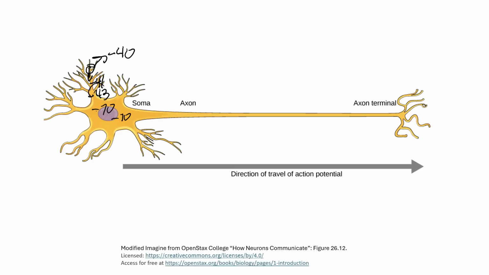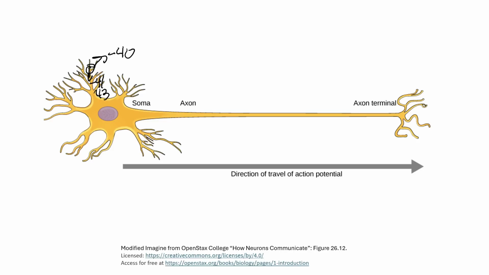Right? So as this graded potential moves into the cell body, as this wave of positivity, this electrical impulse moves into the cell body, it's going, of course, to depolarize the cell body. But it's not going to depolarize the cell body by the same degree to which the last region was depolarized, right?